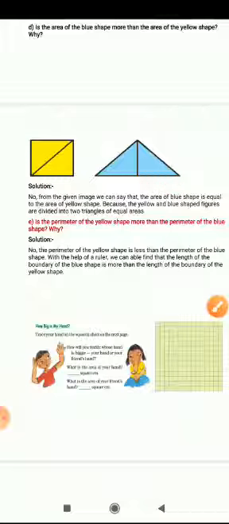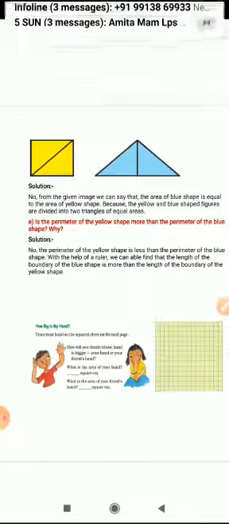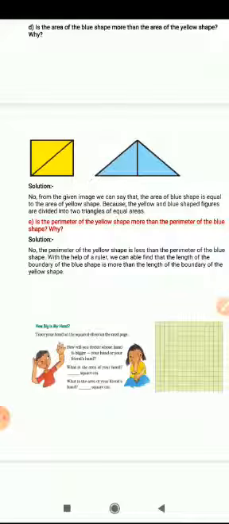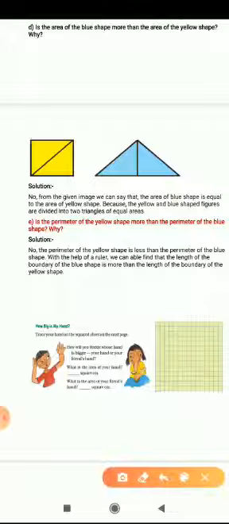For this I have written: no, from the given image we can say that the area of the blue shape is equal to the area of the yellow shape, because the yellow and blue shape figures are divided into two triangles of equal areas.